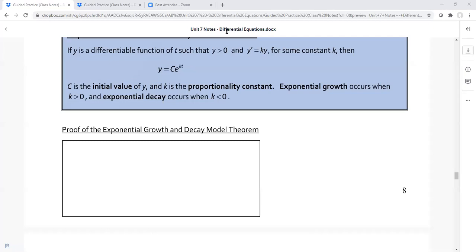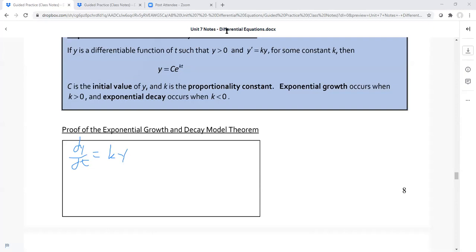Okay, so this is going to be dy dt, and it is going to equal ky. So we have to separate the y's and the t's.